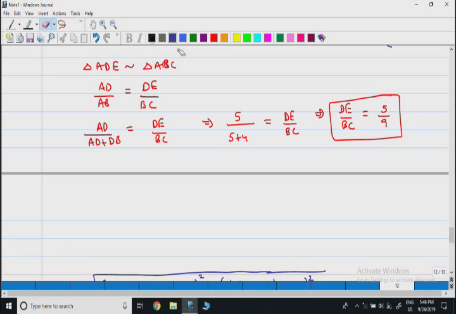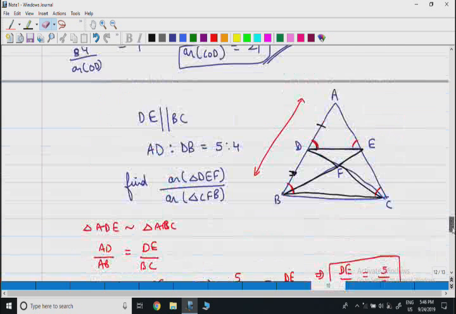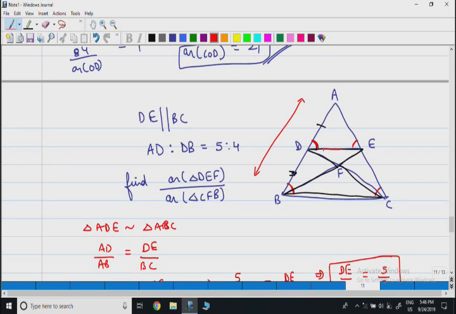So now you can see that these two triangles, DEF and BFC, will also be similar because DE is parallel to BC, so this angle is equal to this angle, alternate, and these two are vertically opposite angles.